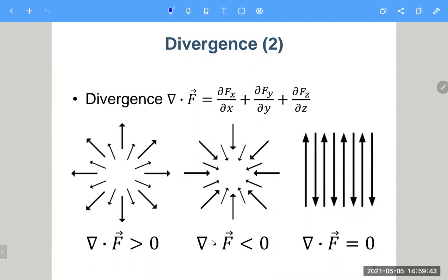If the divergence of F is smaller than 0 at this point, it means that F is pointing towards the point. And if the divergence of F is actually 0, you cannot see whether the vector field is flowing in or flowing out at that point.